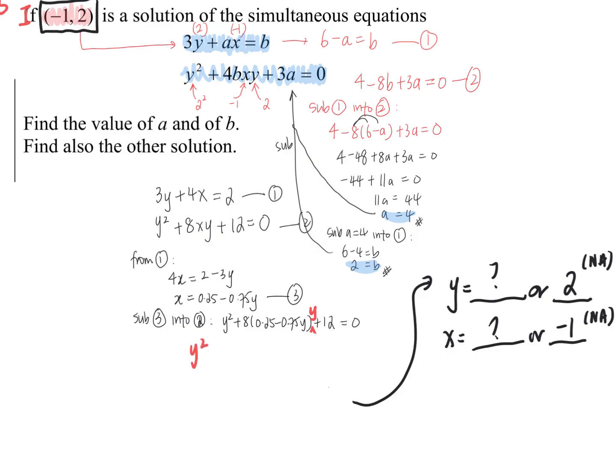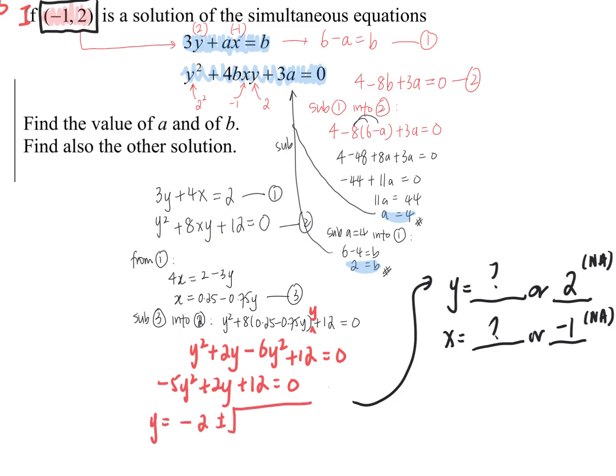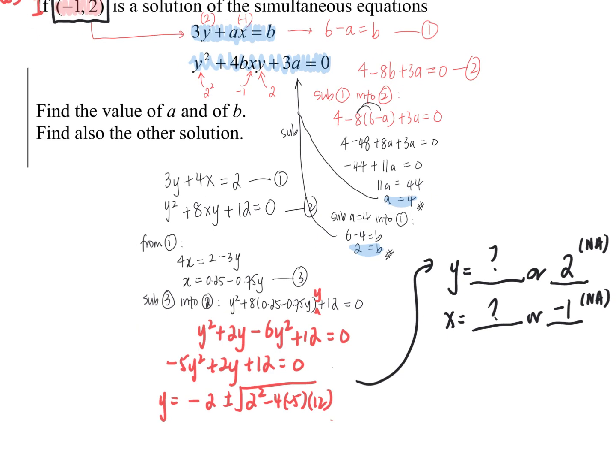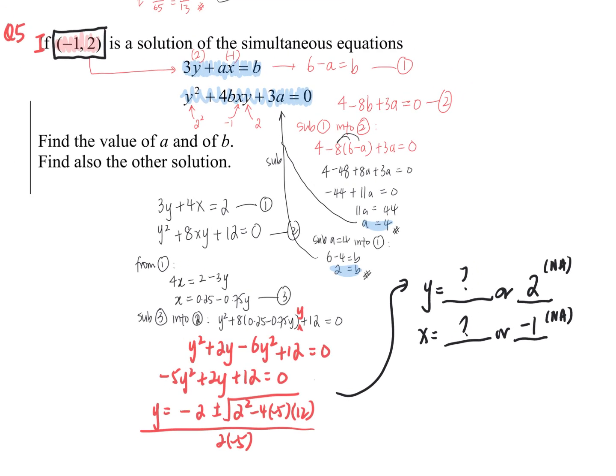So it's a y square plus 2y minus 6y square. Okay, but you spotted the mistake. So stay alert, people.